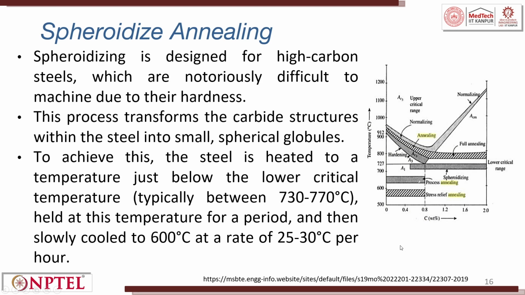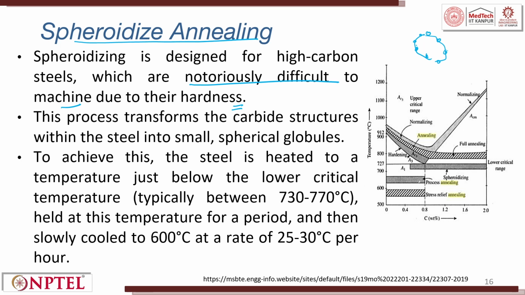Spheroidized annealing. Spheroidized annealing is designed for high carbon steels which are notoriously difficult to machine due to their hardness. This process transforms the carbide structure within the steel into small spherical globules. So, the grains are there, and globules will be formed.